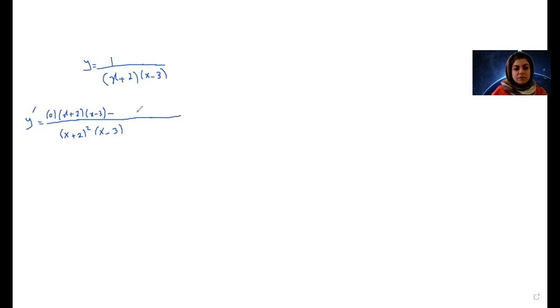Now the derivative of denominator multiplied by numerator without any change. Derivative of denominator, I forgot to put power 2 here, guys. The derivative of denominator, I have to do the product rule. The first one is 1, the second one without any change. Plus. Now the first one without any change, multiply the derivative of the second one, which is 1.